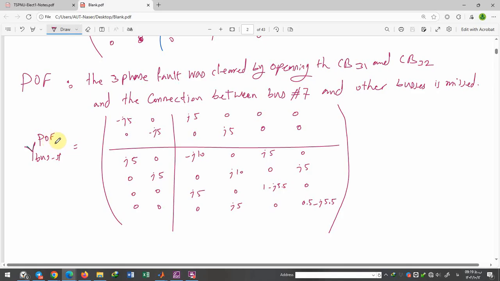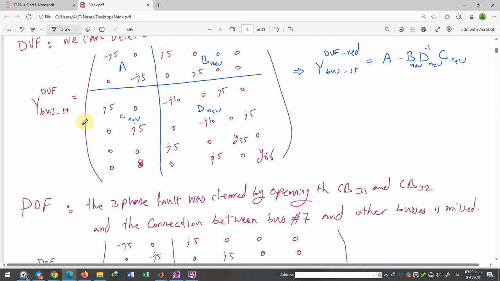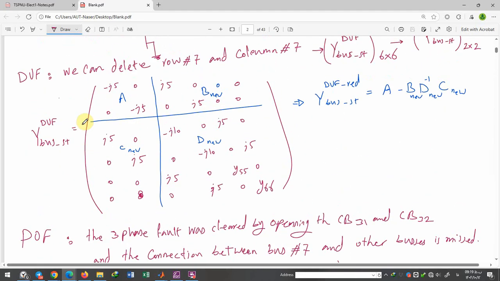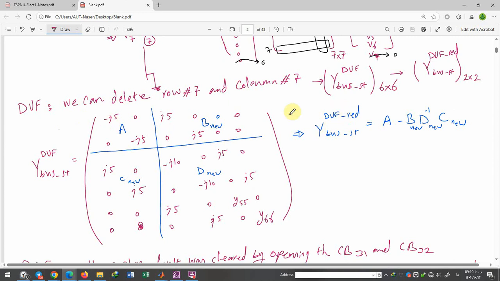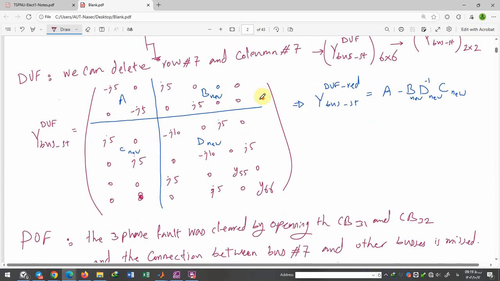The difference between during fault and post-fault is that in during fault we only delete row number 7 and column number 7.